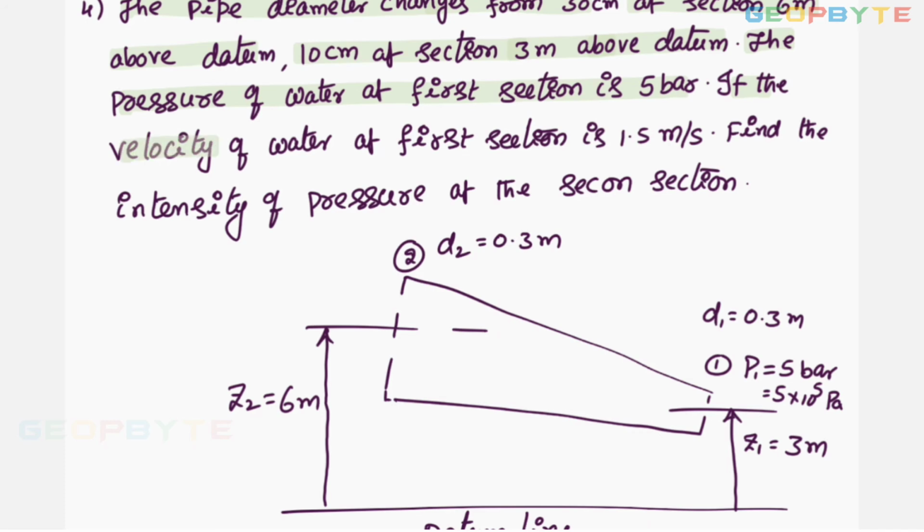If the velocity of water at the first section is 1.5 meter per second, find the intensity of pressure at the second section. You are asked to find the intensity of pressure at the second section.